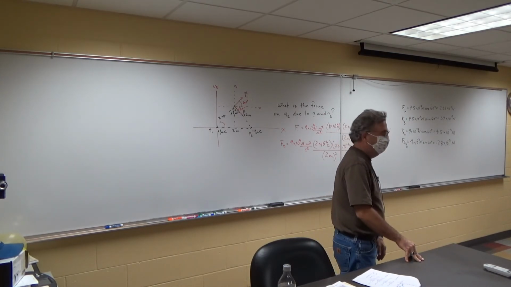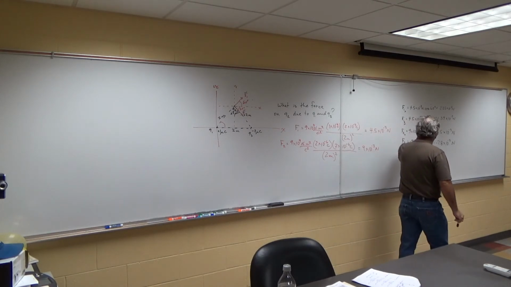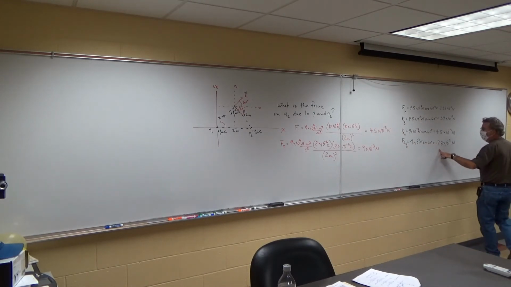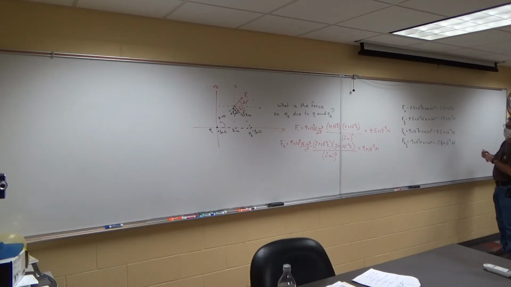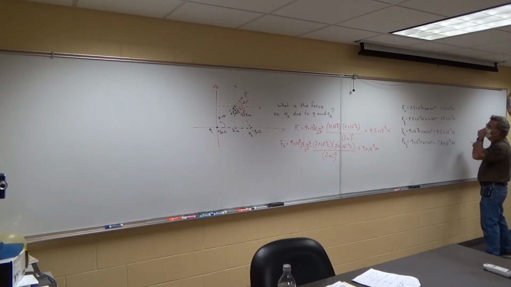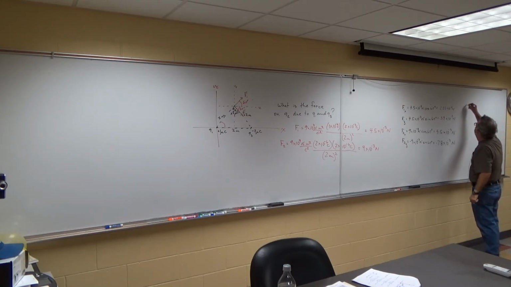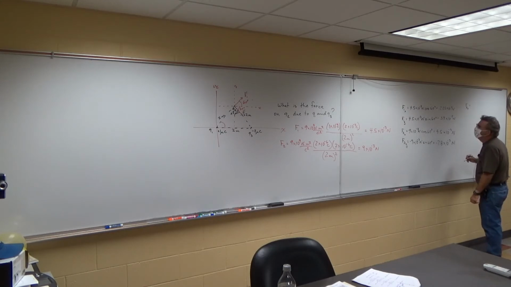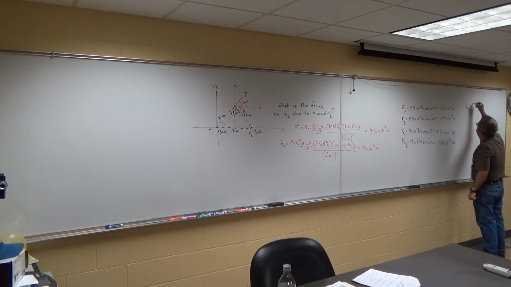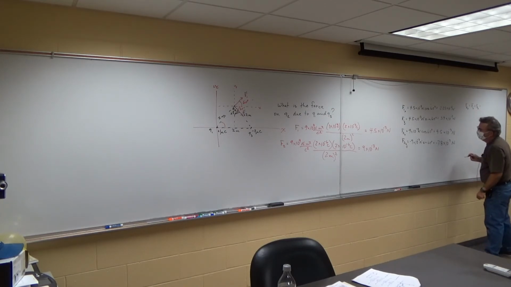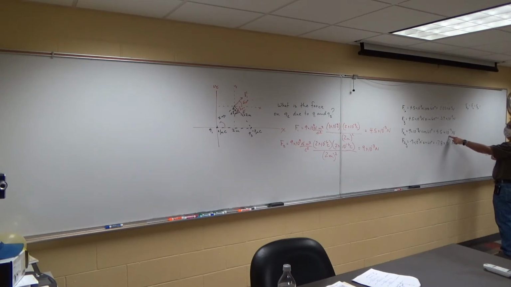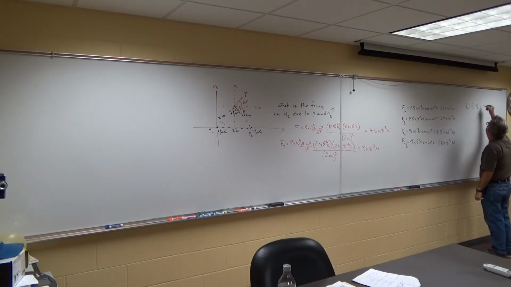Shall I keep going? Well, now we add components. So you have 4.5 plus 2.25. F resultant X, that's the resultant, is F1X plus F3X, which equals 6.75.